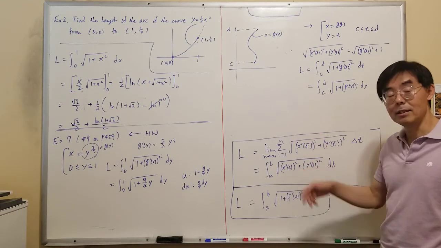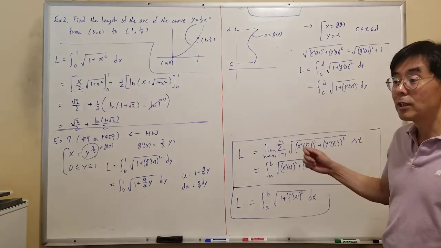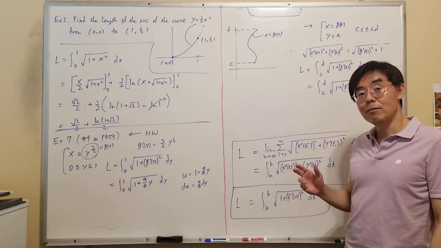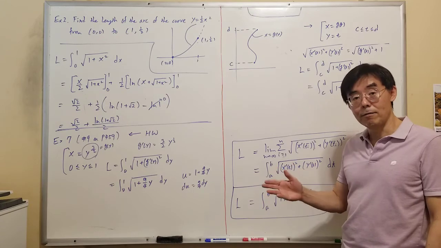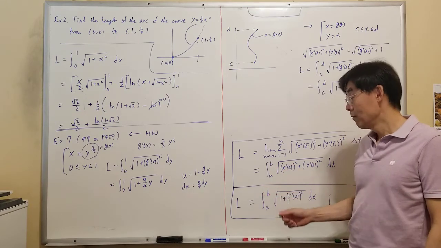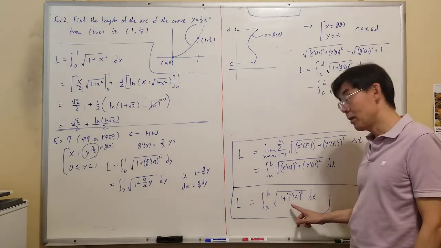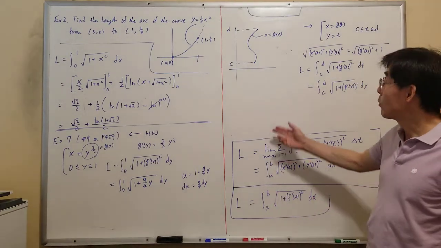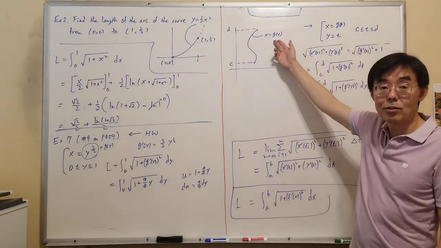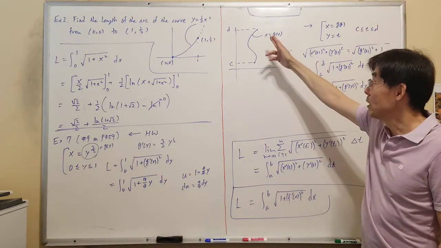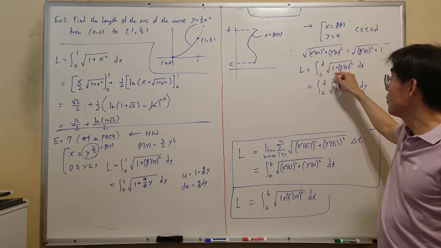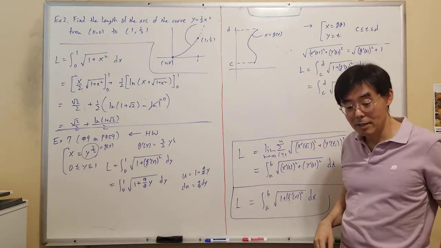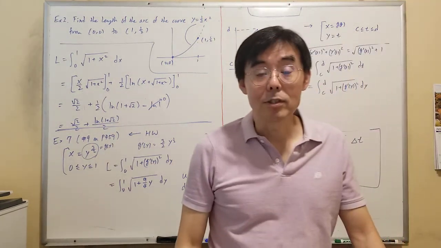And using that one, we derived the formula for arc length when the curve is given by y equals f of x as the graph of a function from a to b: the integral from a to b of the square root of 1 plus f prime of x squared. Likewise, if it is given as x equals g of y from c to d, the integral from c to d of the square root of 1 plus g prime of y squared. Okay? Alright, that's the end of section 6.4.